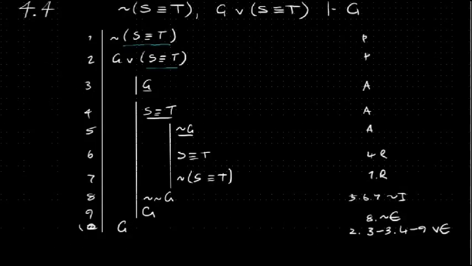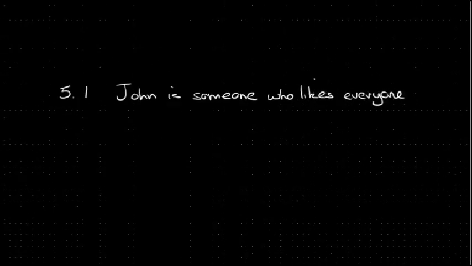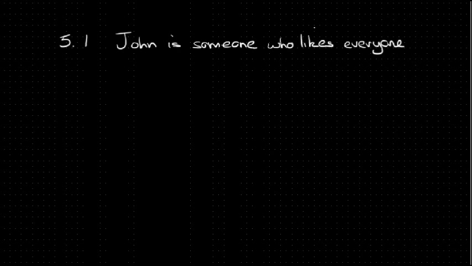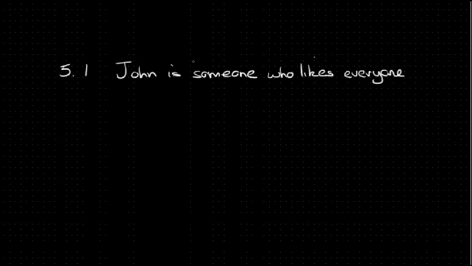So let's move on to the next question in the paper, which is the translations into QL. Again, I'm not going to dwell too long on each one of these questions, and I'm going to assume that we know roughly how to do these translations. So, John is someone who likes everyone. Well, just looking at this, I've got John, so that's a subject, J, is someone.